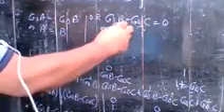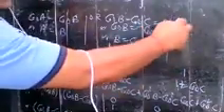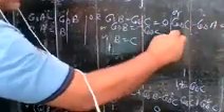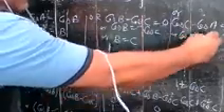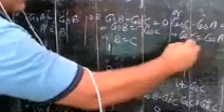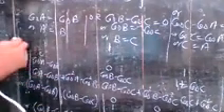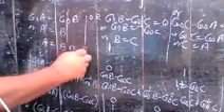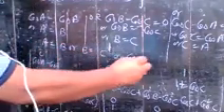So you can write cos B is equal to cos C, or B is equal to C, or if you take the third factor, cos C minus cos A is equal to 0, so cos C is equal to cos A, or C is equal to A. So finally, you can write it in this way. Hence, A is equal to B, or B is equal to C, or C is equal to A.